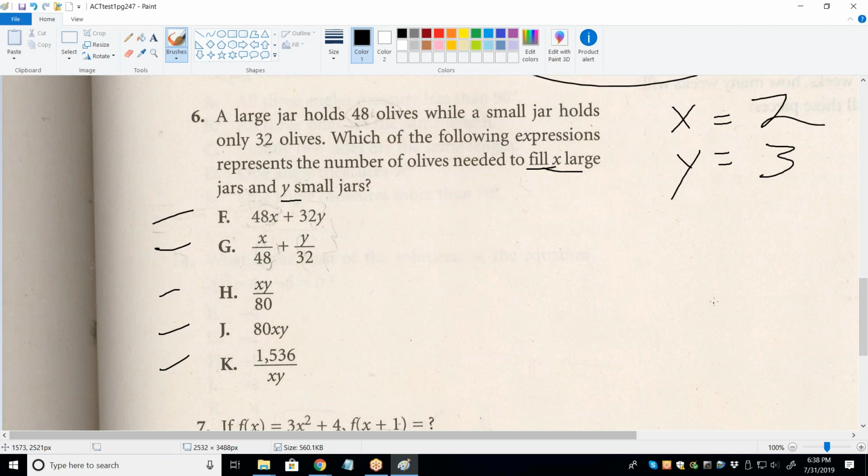So, if I wanted to fill 2 large jars, how many olives would it take? I wanted to fill 2 large jars.